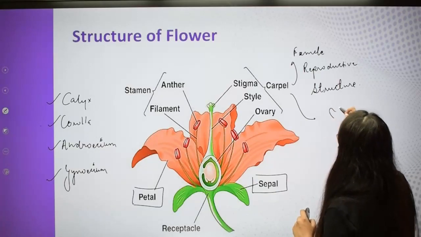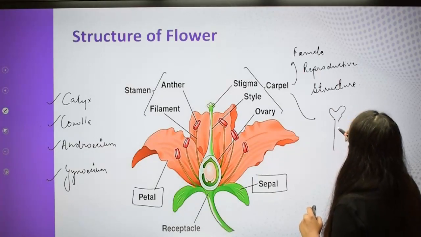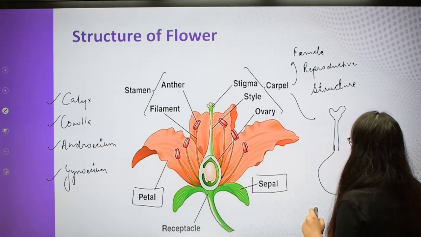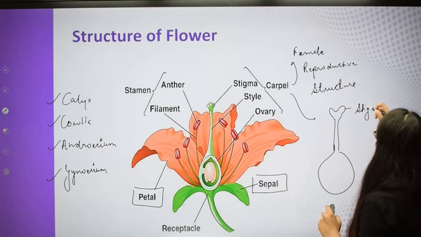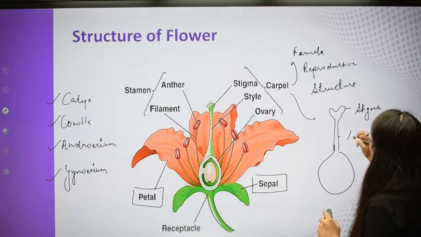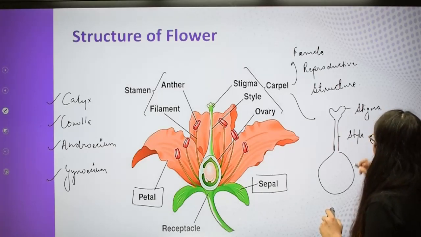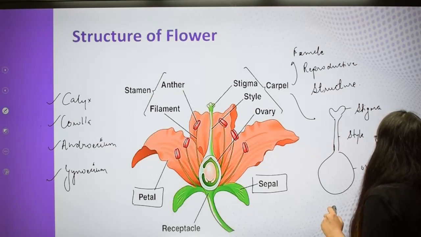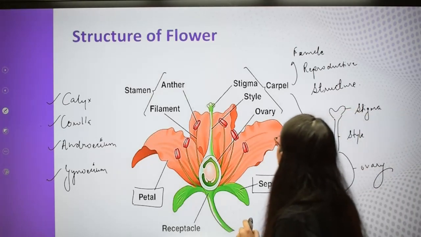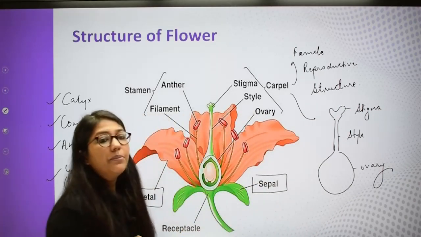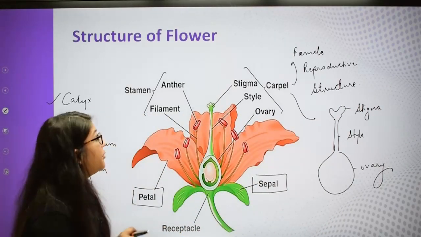Carpel ऐसा दिखेगा, something like this. Now what are these? This is stigma, this is style, and this is ovary. Okay, so these are the three parts of a carpel. What is a carpel? Carpel is the female reproductive structure.